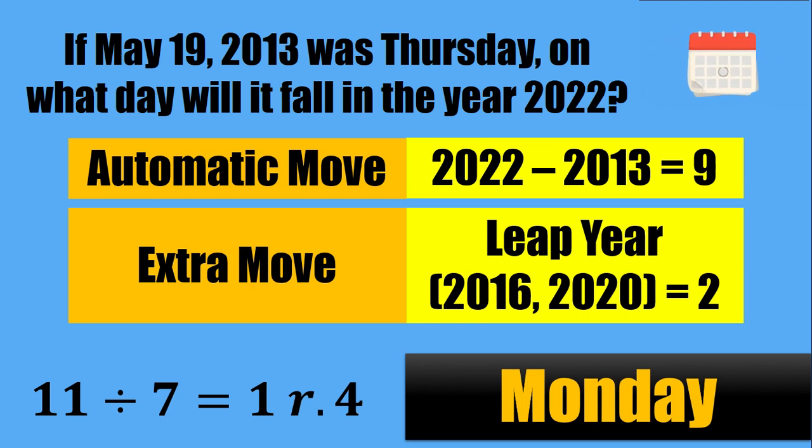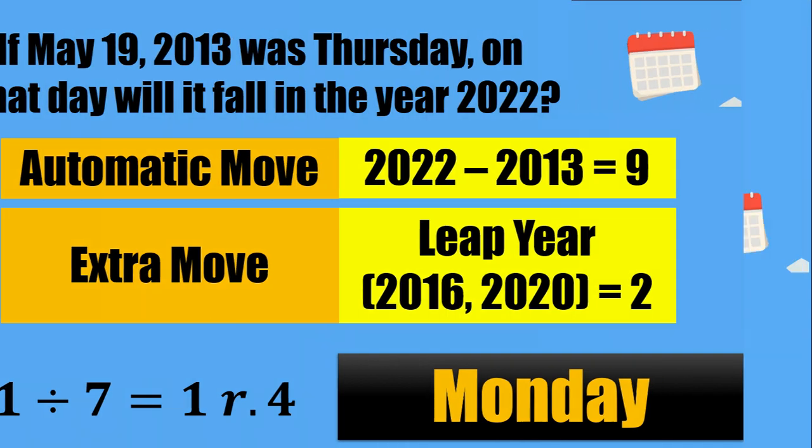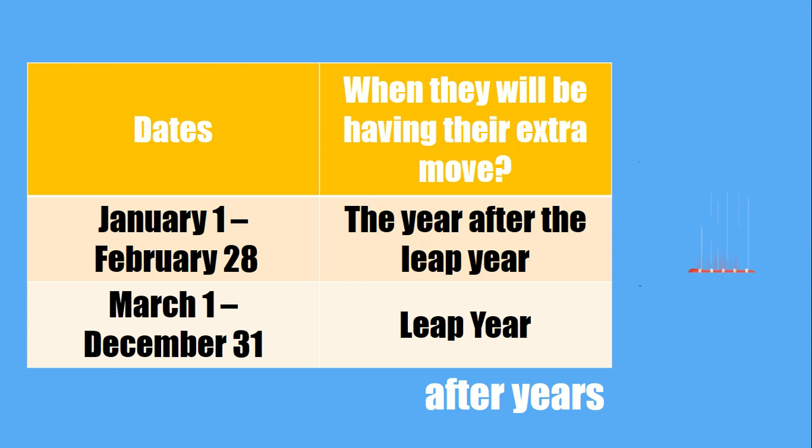Now, if we are looking for the other years, we have 2 cases to consider. We have January 1 to February 28, and then March 1 to December 31. So what are the extra moves for these dates?